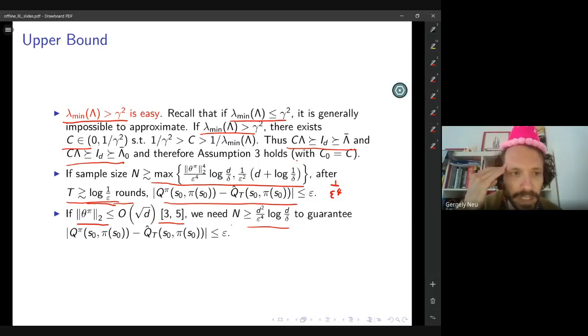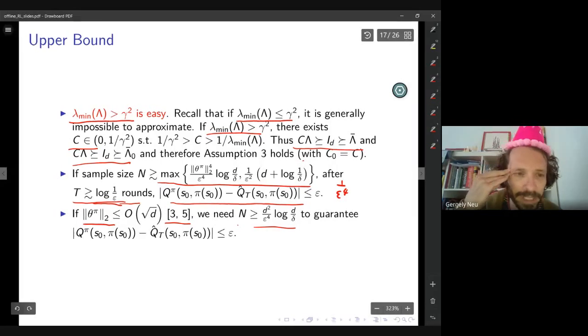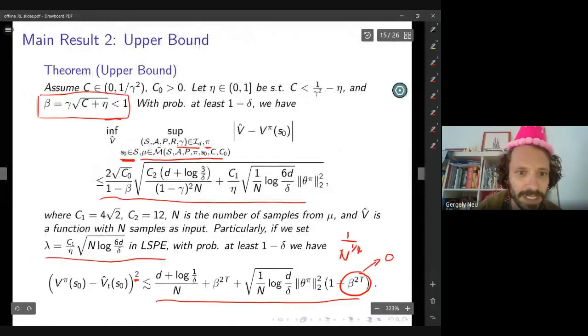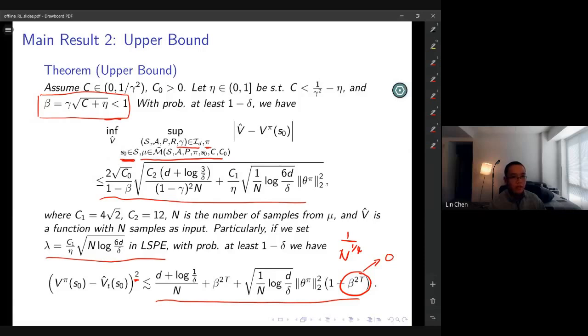Regarding this beta a little bit more, what exactly is your assumption regarding that? The way that was phrased was a little bit too complicated for me. It had another parameter eta in there. Does this eta appear in the bounds as well? Eta actually characterizes how close the condition is.